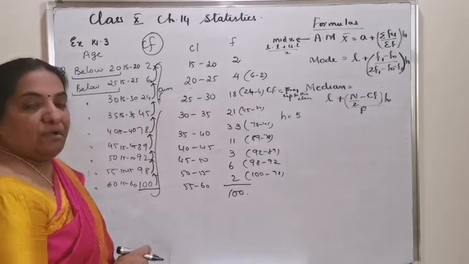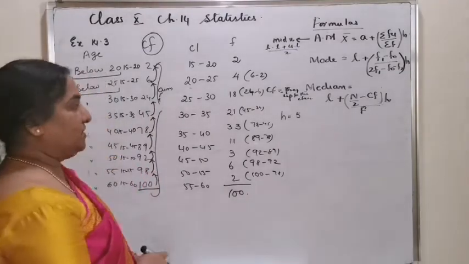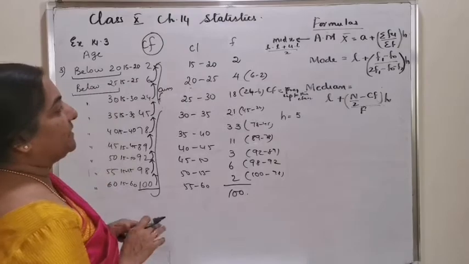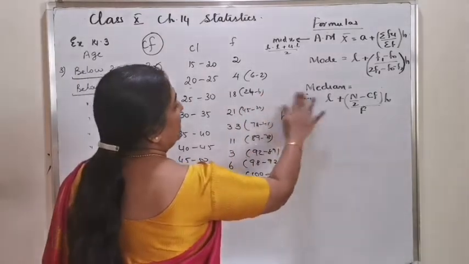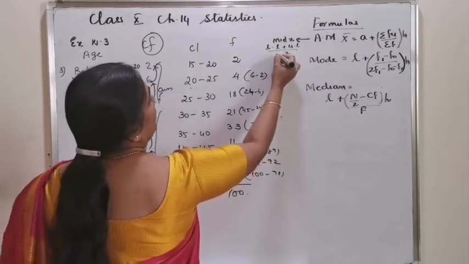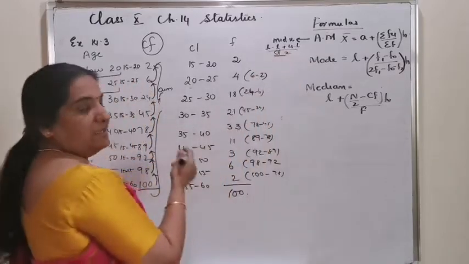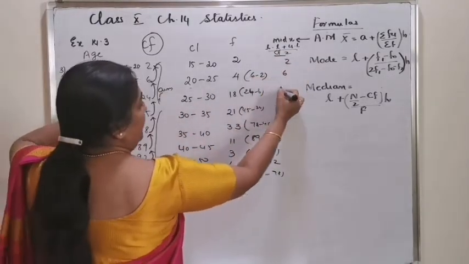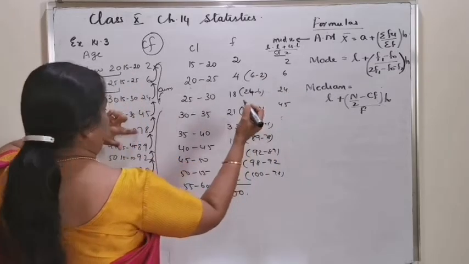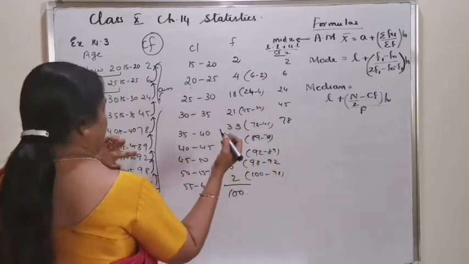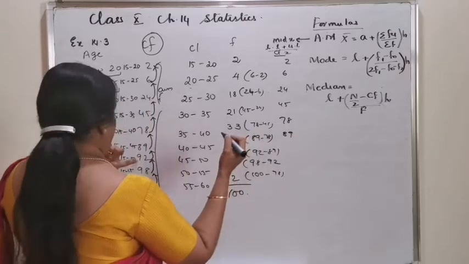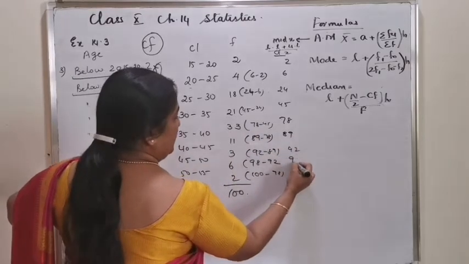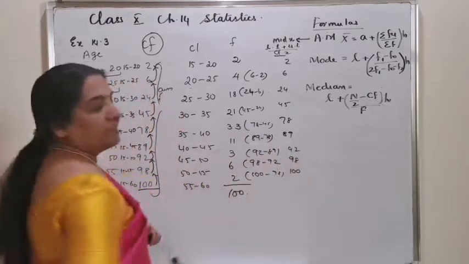Now, for the median calculation, you can just copy the cumulative frequency from here, the third column, which is already given as 2, 6, 24, 45, 78, 89, 92, 98, 100.